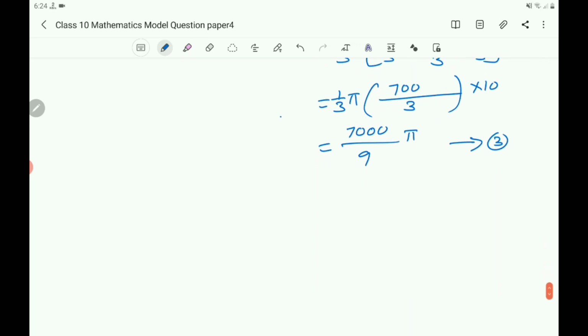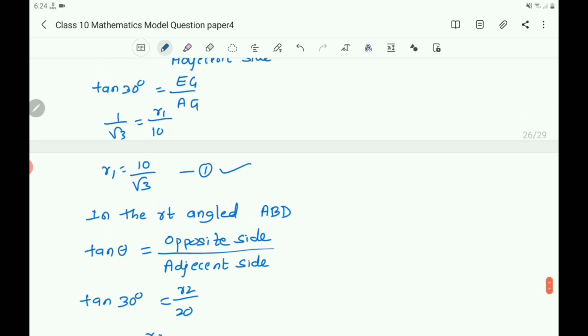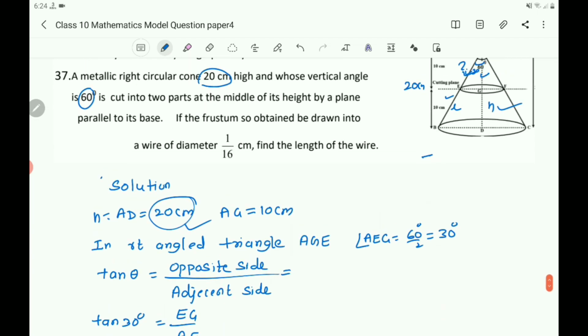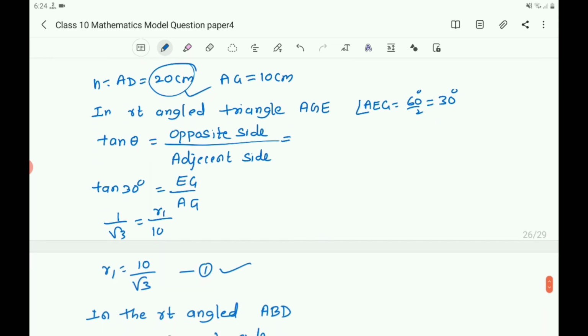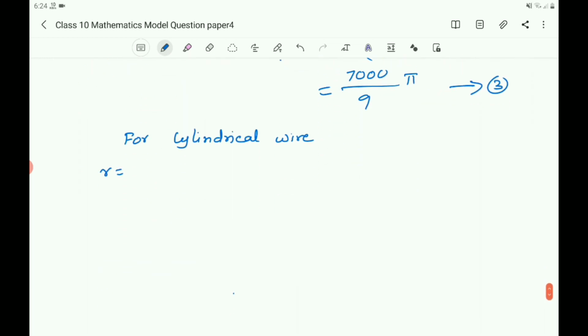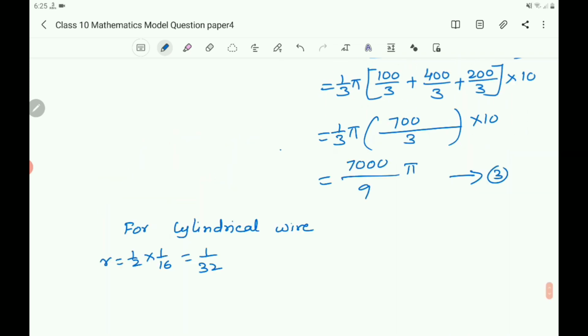Now for the wire which is in the cylindrical shape, you write for the cylindrical wire, radius is given by diameter: radius is half of the diameter, that is half of 1 by 16, that equals 1 by 32.